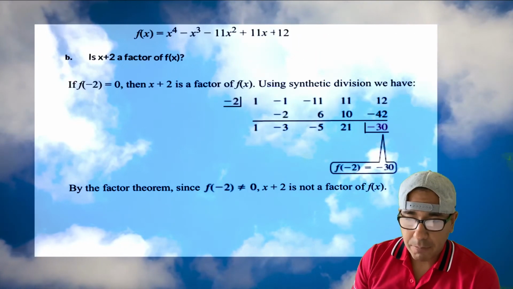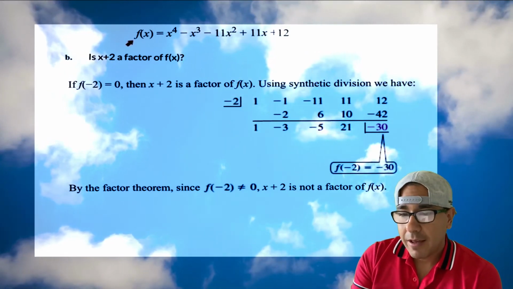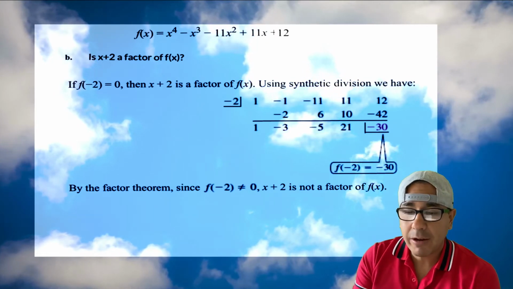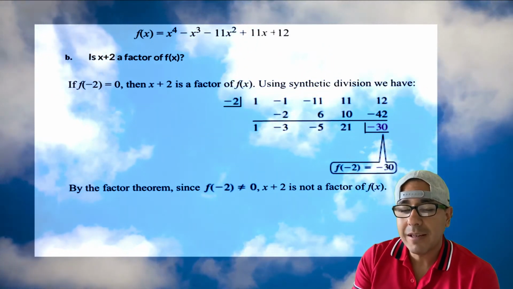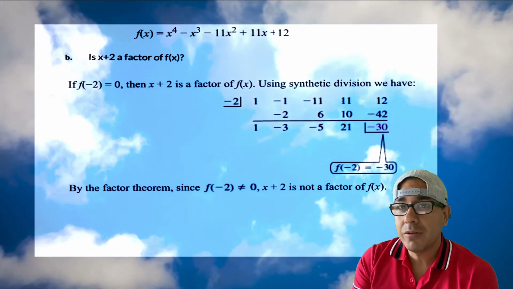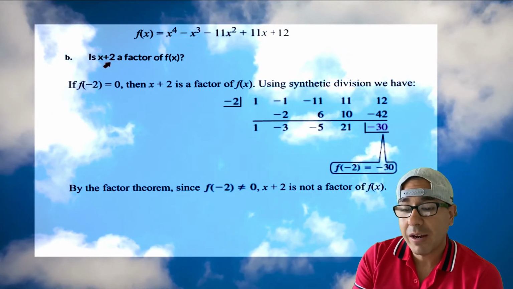All right, part B. Just so you can recall, this is our original function, and now we're asking, is x plus 2 a factor? When they're asking if x plus 2 is a factor, what you're really doing is plugging in f of -2. Always the opposite.